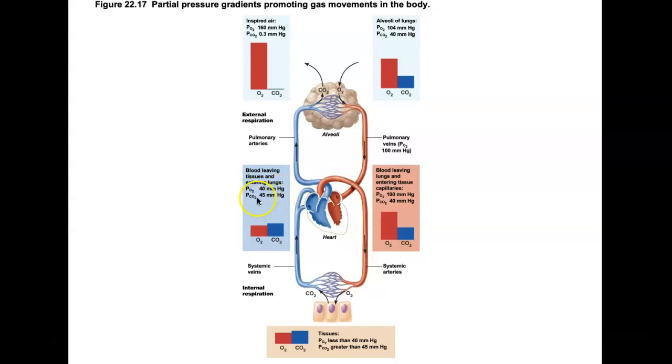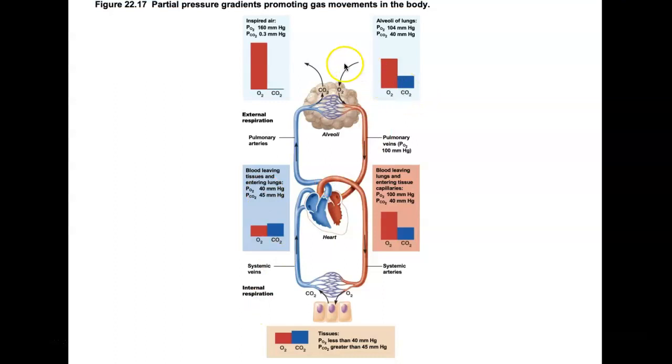Since you have a higher concentration of carbon dioxide in the blood, carbon dioxide diffuses out and enters the alveolus, and then you exhale it out. Likewise, notice the partial pressure for oxygen in the blood and the partial pressure of oxygen in the alveolus. This partial pressure is higher in the alveolus than that of the blood.